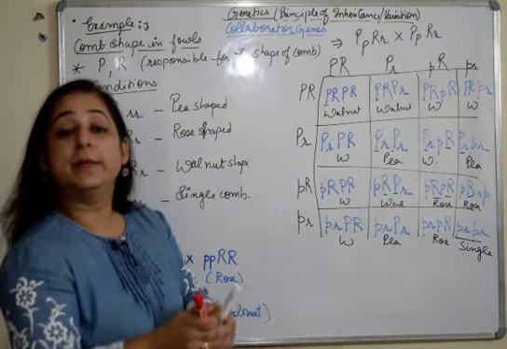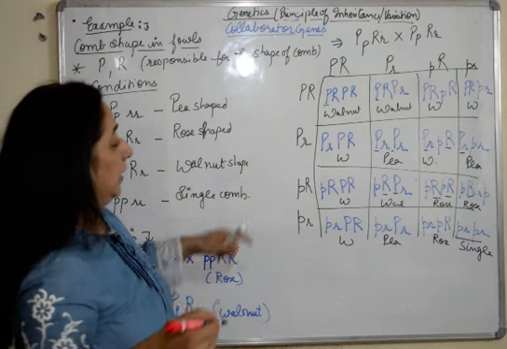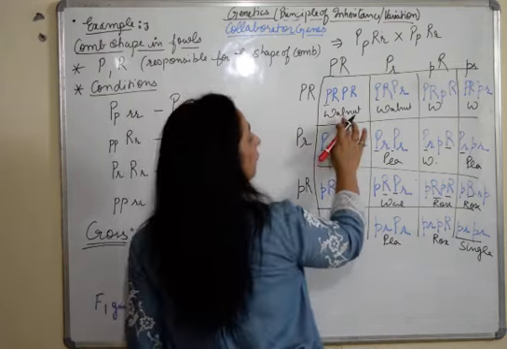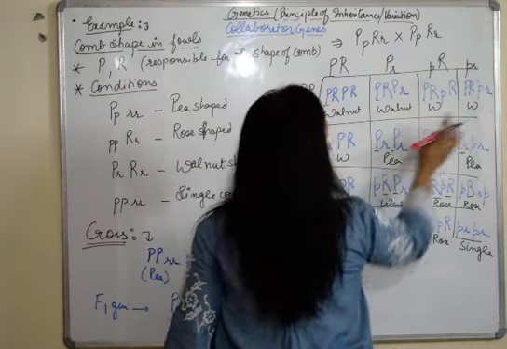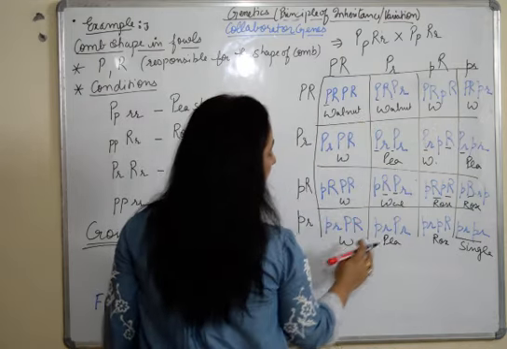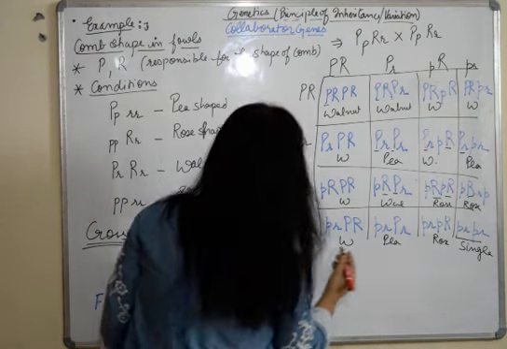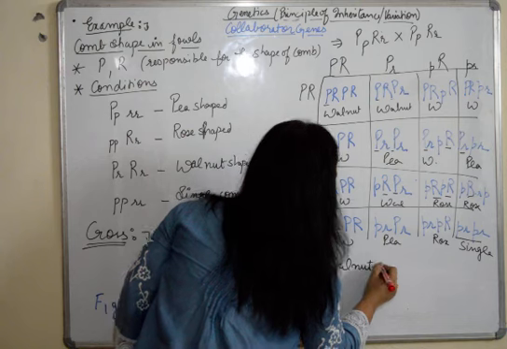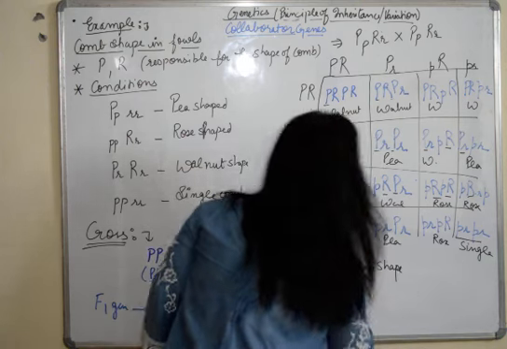Now the ratio remains the same, but we'll count. 1, 2, 3, 4, 5, 6, 7, 8, 9 walnut. So 9 we have with walnut shaped comb.